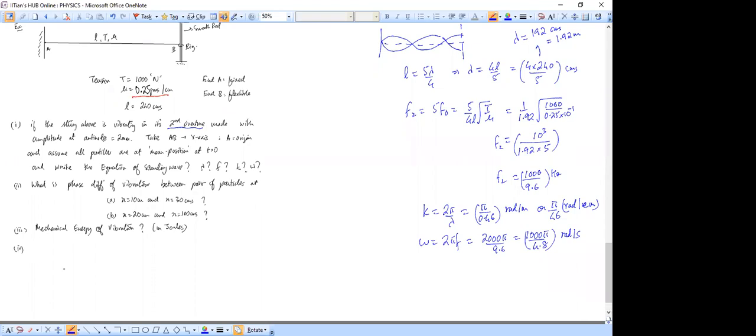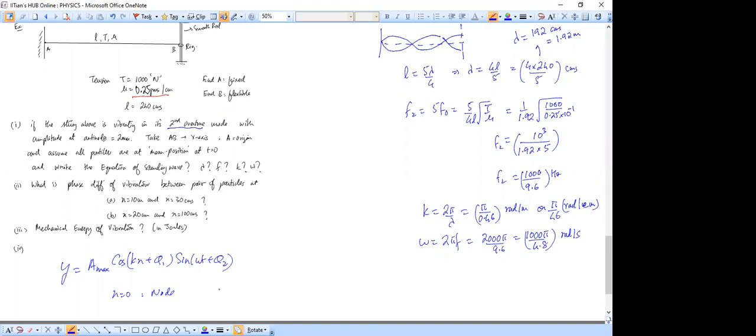So now start with the general equation of the wave. Standing wave equation is some maximum amplitude into cos kx plus phi 1, let's say, into sine omega t plus phi 2. Now here x equal to 0 is a node.